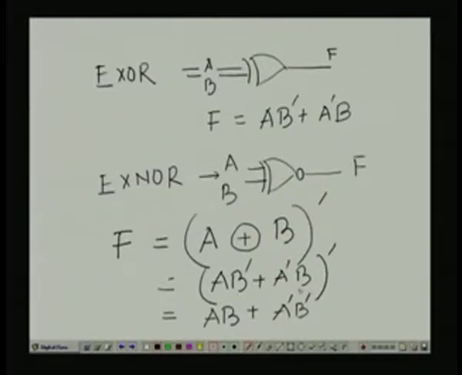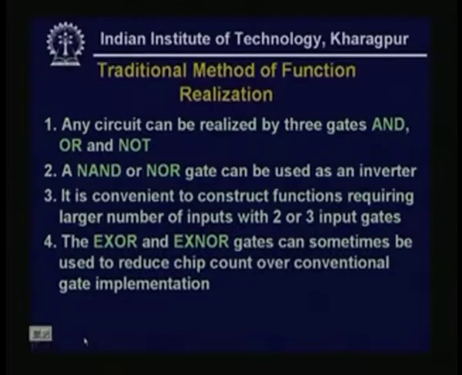So, sometimes functions are realized by employing only these two gates, XOR and XNOR.